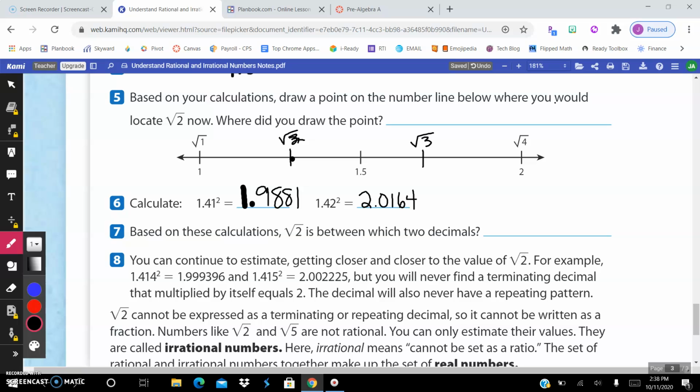So based on these calculations, the square root of 2 is between what 2 decimals? So it would be between 1.41 and 1.42, because neither one of those gave us an exact answer of 2, but one was just a little under and one was just a little bit over.